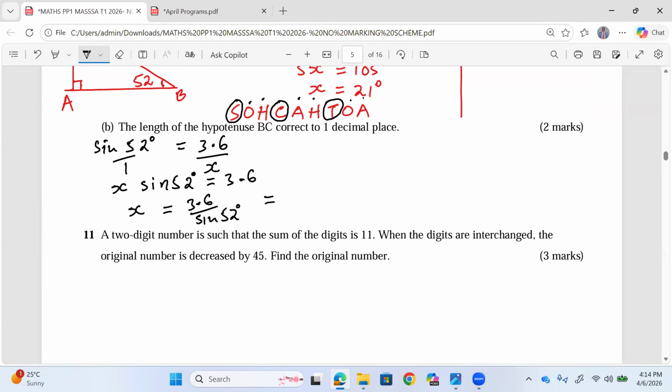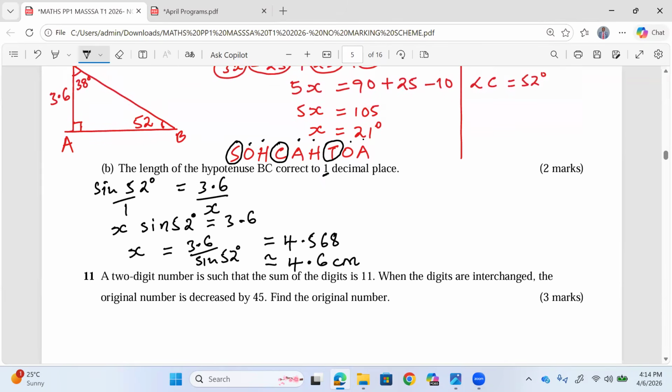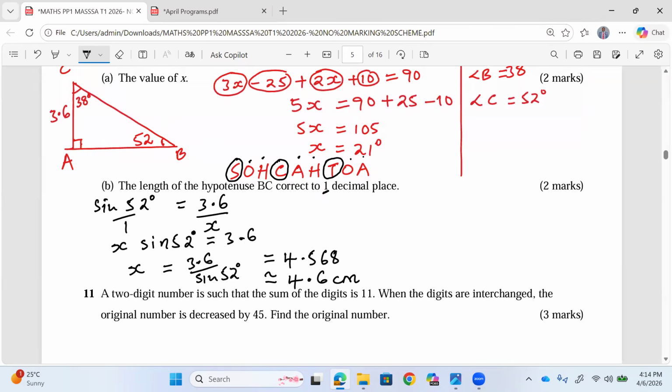Now that we have a calculator, it should be 3.6 divided by the sine of 52. We are getting exactly 4.568. But remember, it's supposed to be rounded off to 1 dp. So 4.6 centimeters. So 4.6 is the hypotenuse.